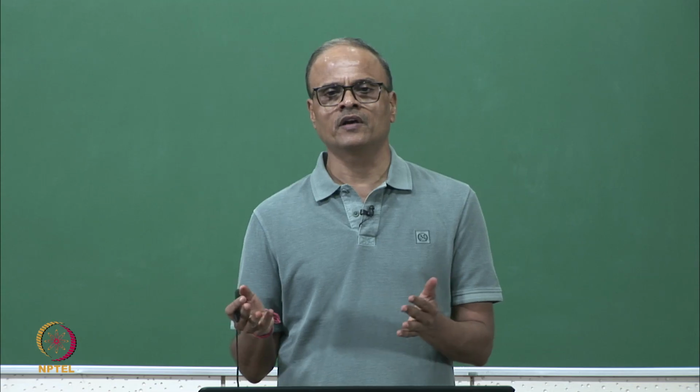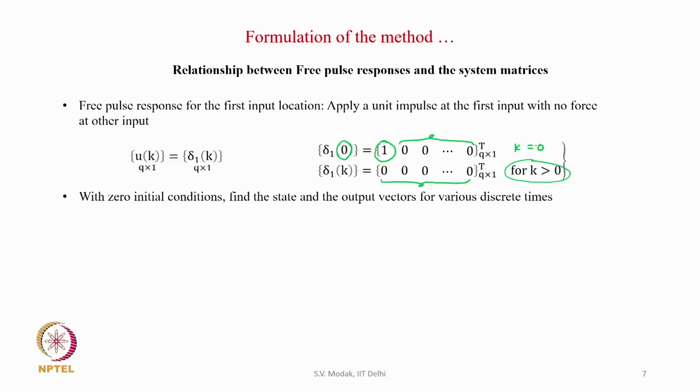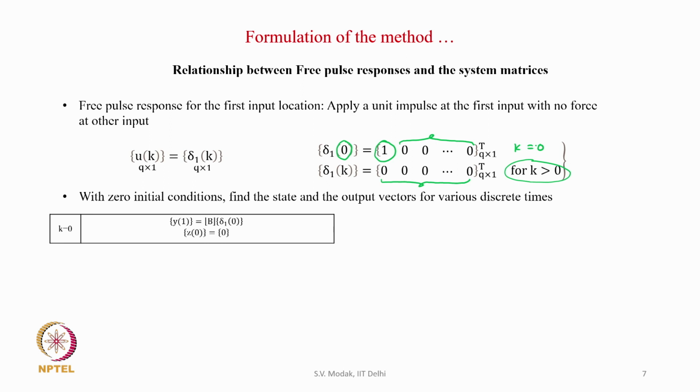So, the state vector at time t equal to t0 is 0, right. Therefore, now we use the discrete state space model and try to determine the response, the state vector, and then the output vector at k equal to 0, right. If we recall the equation, the discrete equation was y k plus 1 equal to matrix A times vector y k plus B into u k.